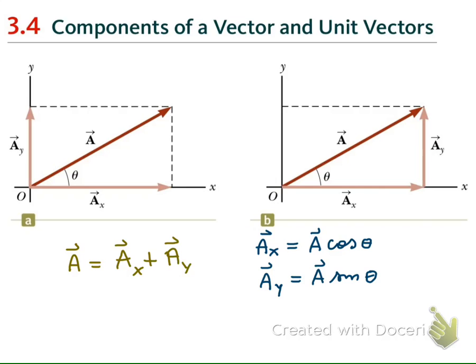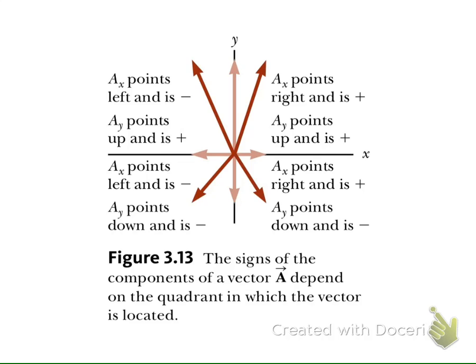And from this relation, we can see that the sign of the components of a vector depends on the quadrant in which the vector is located. For example, for the x component, if the vector is located in this quadrant, AX is positive.